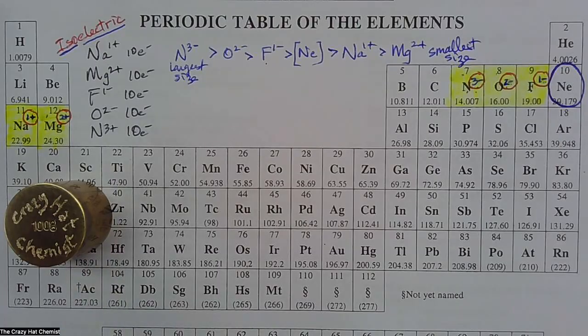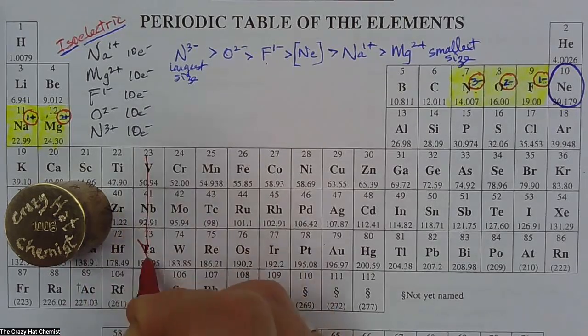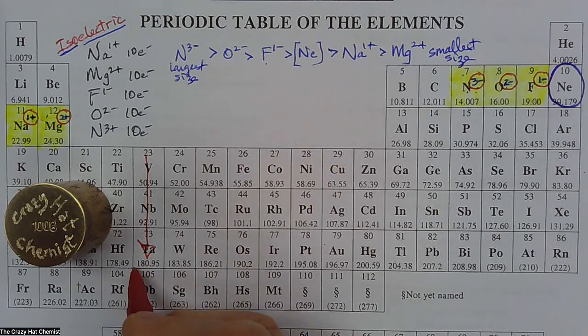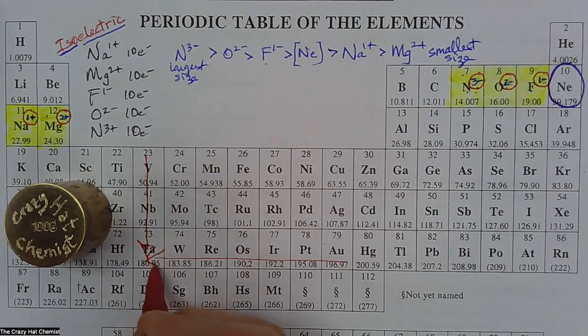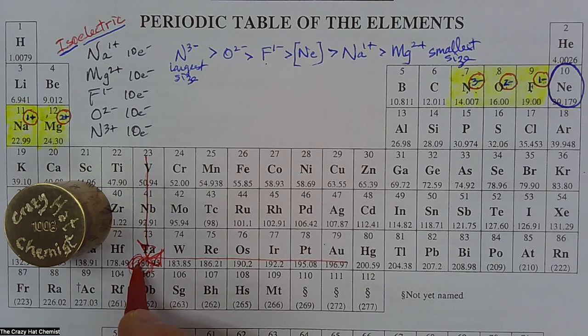So if we look at our periodic trends, in terms of size, we have increasing size as you go down a group, decreasing size as you go to the right, so therefore increasing size as you go to the left. So size is very large down here at the very lower left-hand corner of the periodic table, and that would be francium is the smallest, sorry, excuse me, largest. Francium is the largest in terms of size.